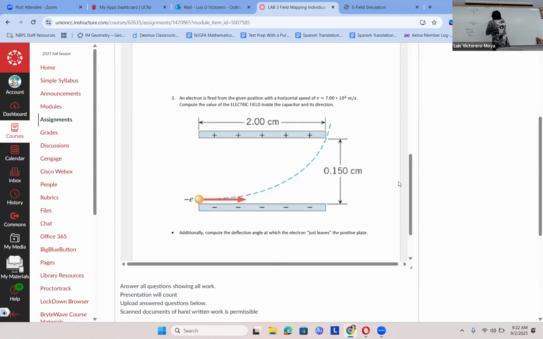So you are given on X, X equals 2.00 centimeters, which is basically 0.02 centimeters. So x is equal to Vx delta t. I want to show you guys the equation. The speed is 7 times 10 to the 6.